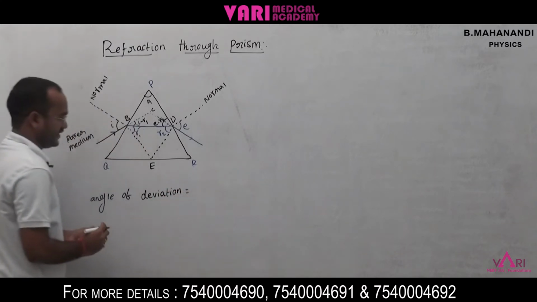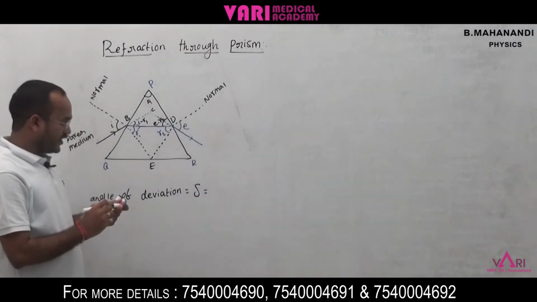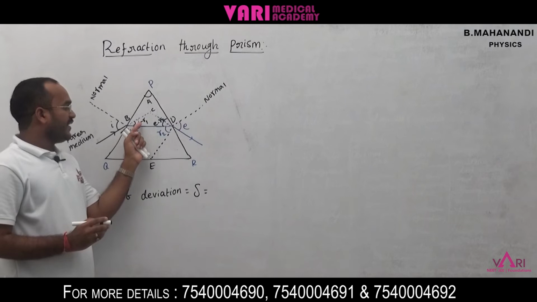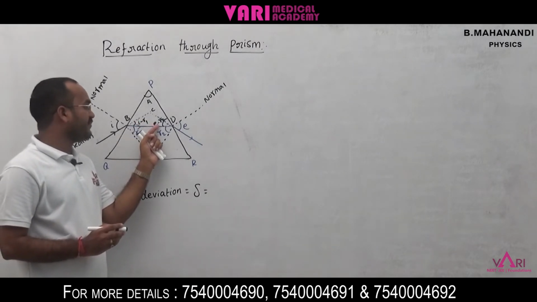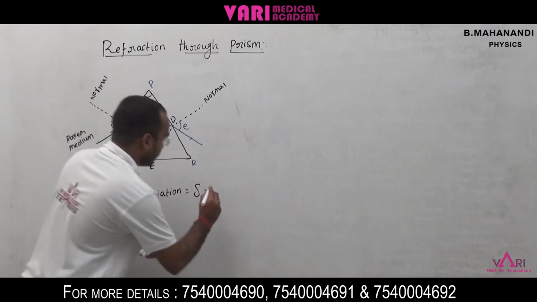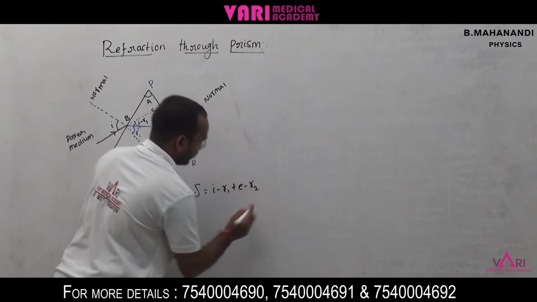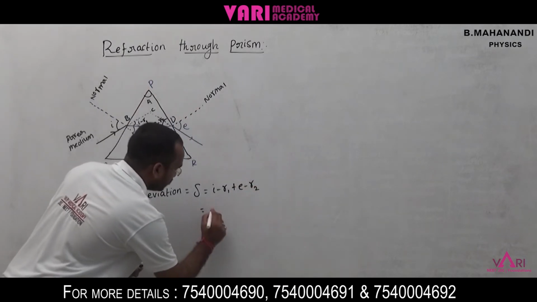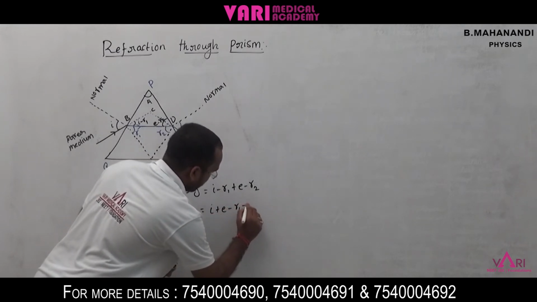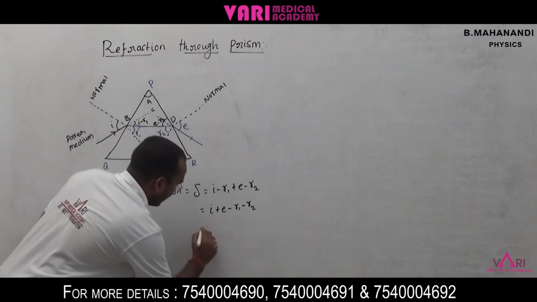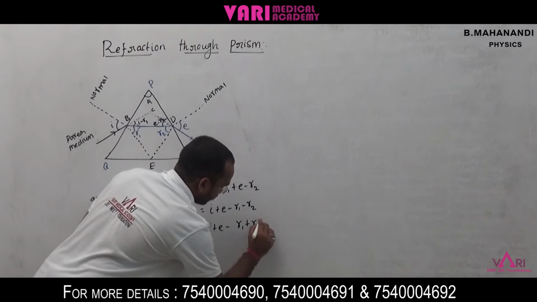The angle of deviation is represented by delta. Here there are two deviation angles. I minus R1 is one deviation angle, and the other is E minus R2. So delta equals I minus R1 plus E minus R2, which is I plus E minus (R1 plus R2).